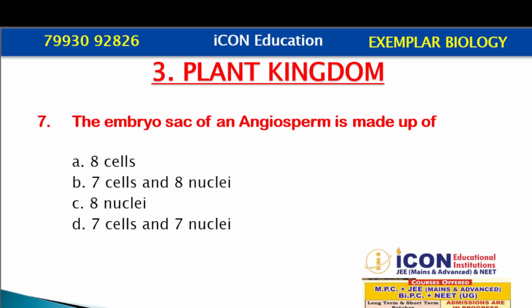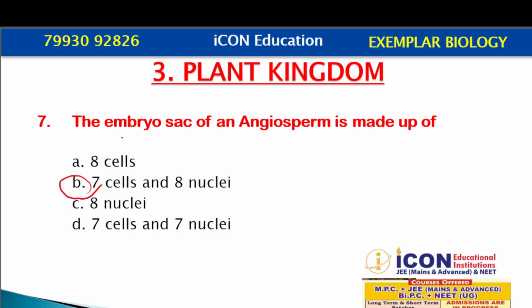Question number 7. The embryo sac of an angiosperm is made of. This is also a direct question. Embryo sac is made up of 7 cells and 8 nuclei. So that is there in option B. The embryo sac of an angiosperm is made of 7 cells and 8 nuclei.